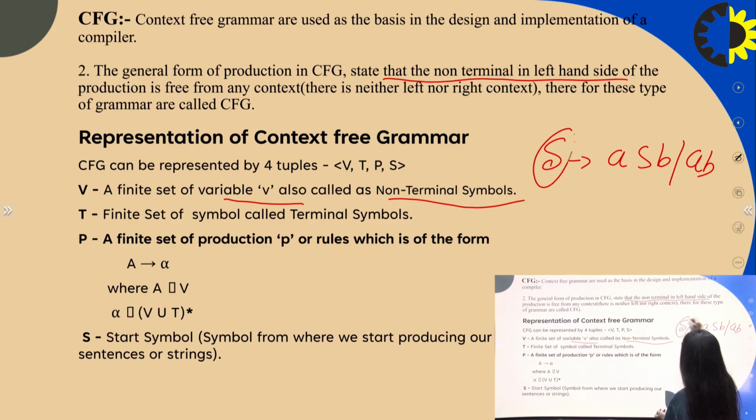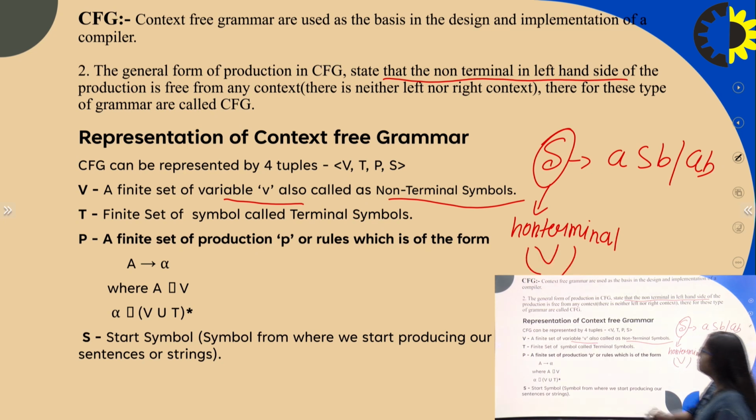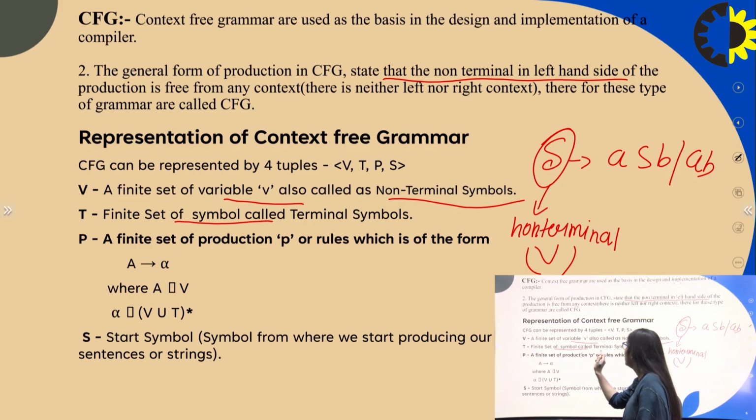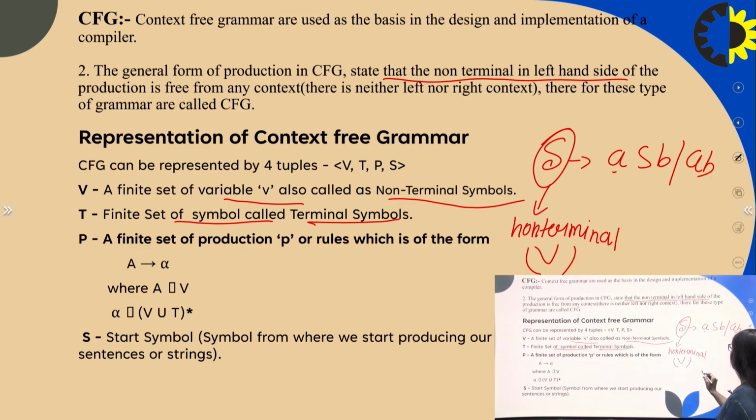This is the left side of the production, which represents non-terminals. This is V. And T is a finite set of input symbols called terminal symbols, like small a, b, on the right side of the production.